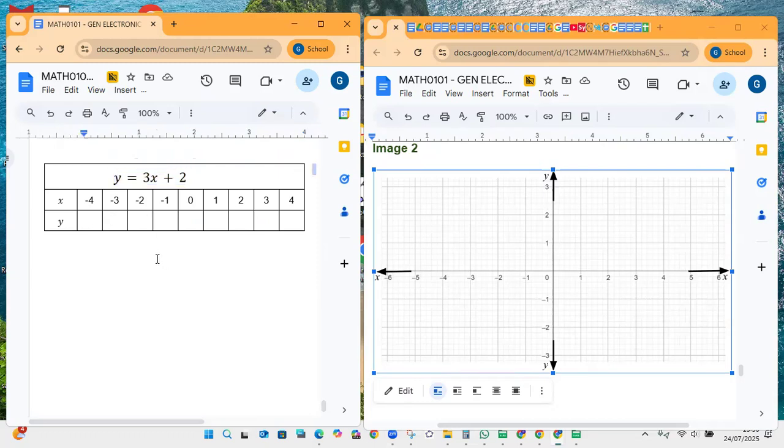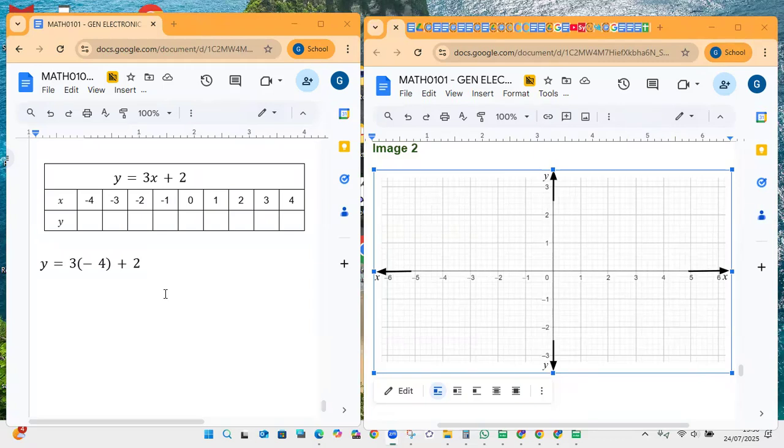So for example, we have to substitute -4 into the x position on the right side, multiply 3 by -4 and add 2 to see what comes out. What comes out will be the y value for -4.